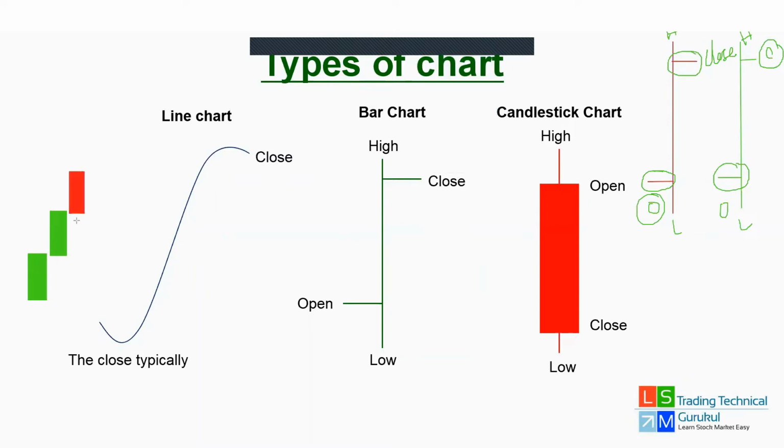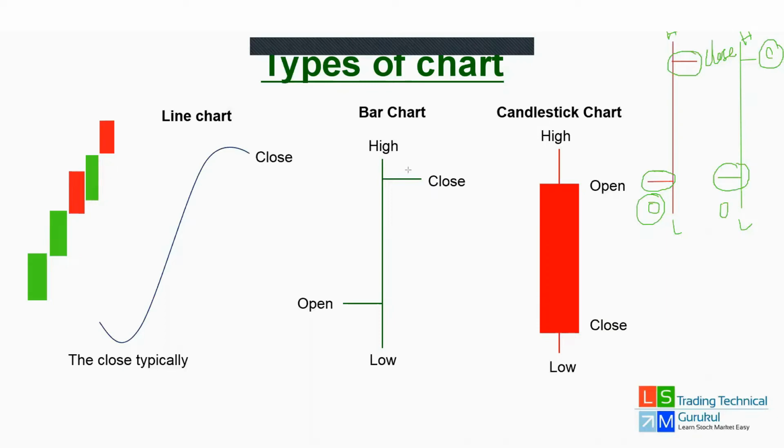But you are not able to identify whether this candle closes above the previous close or not. There are so many red and green candles, but you cannot identify whether it is closing above or below the previous closing.